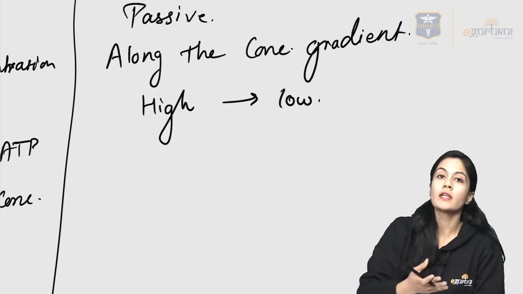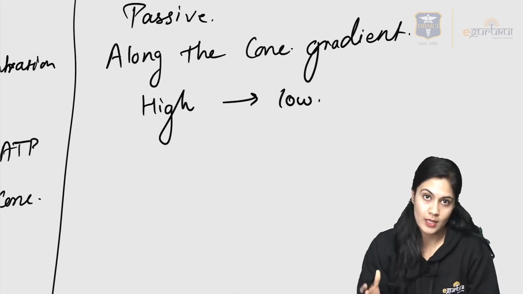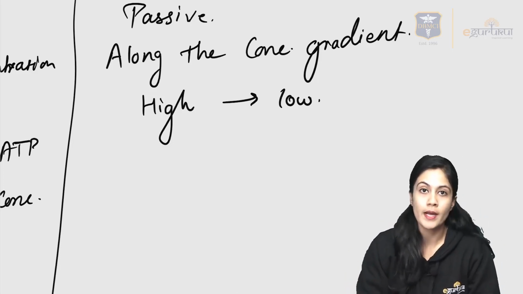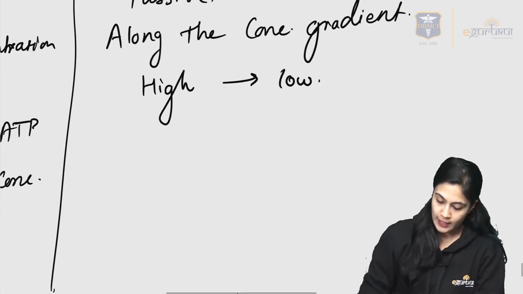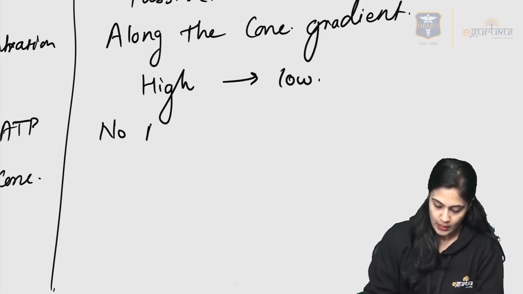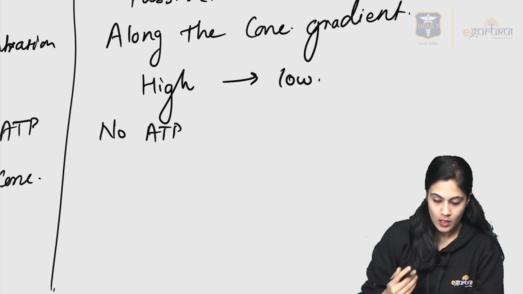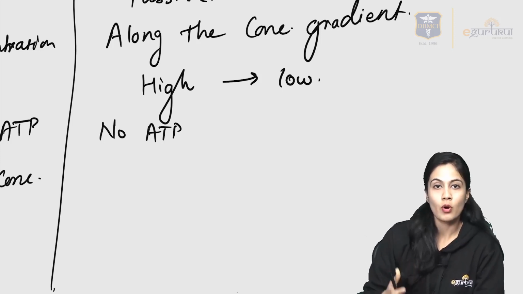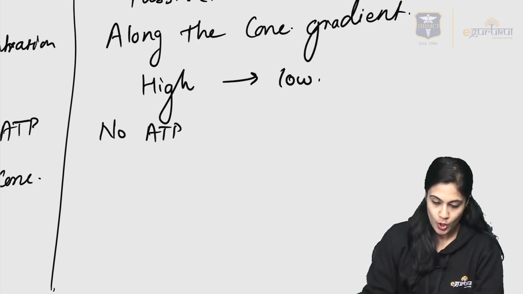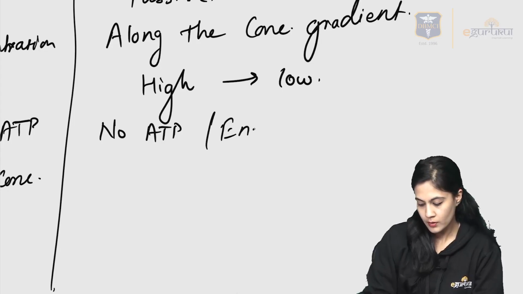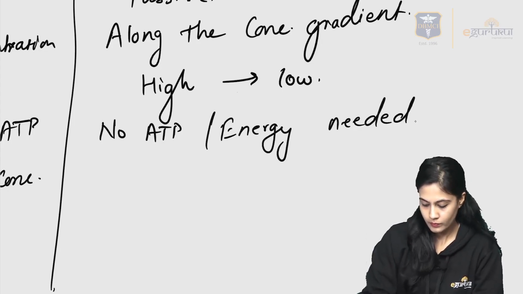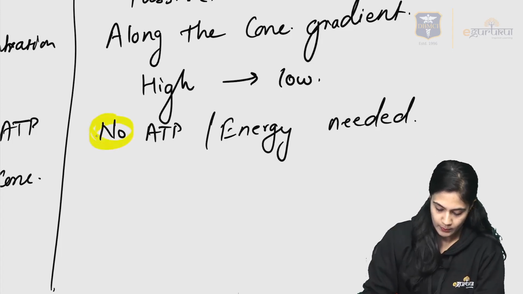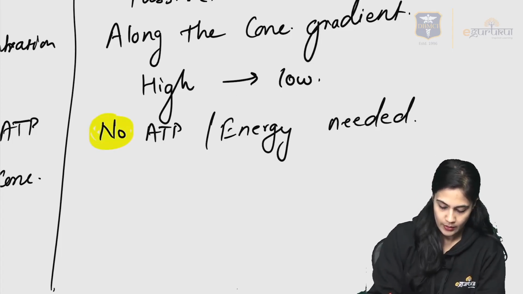That's why the cell does not require any extra effort, so it does not use ATP. The concentration itself will cause the transport, so no ATP or energy is needed.